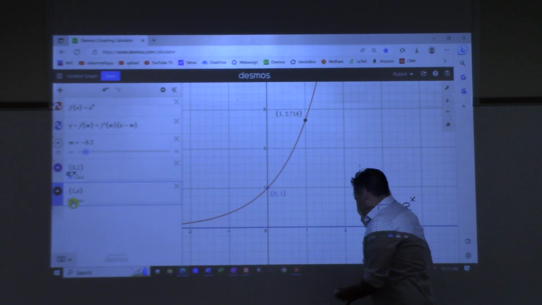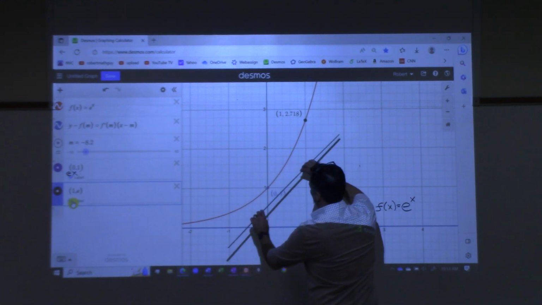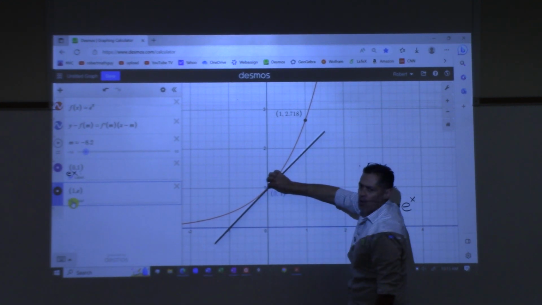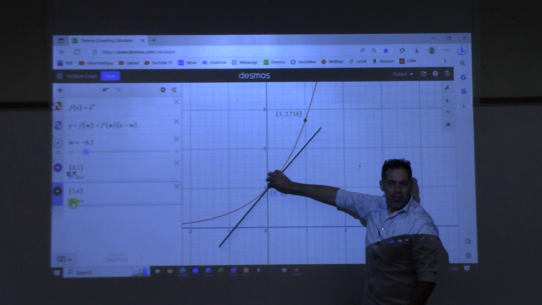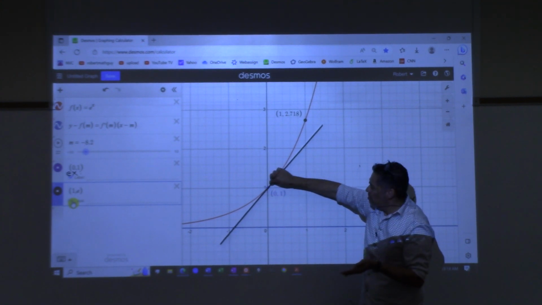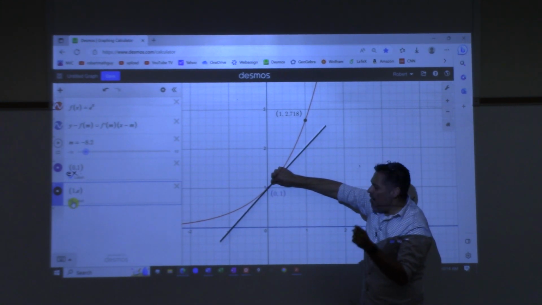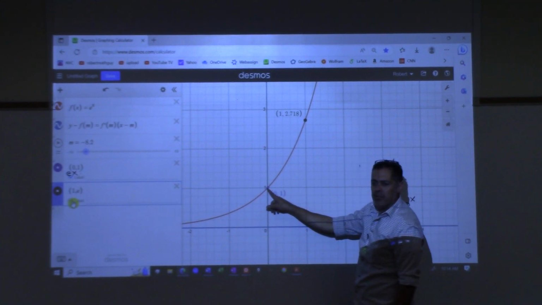So if I now ask you to tell me what is the slope of the tangent line right here, you would have to go find the derivative, wouldn't you? But it is its own derivative, which means that the slope of this line is actually just what? 1.